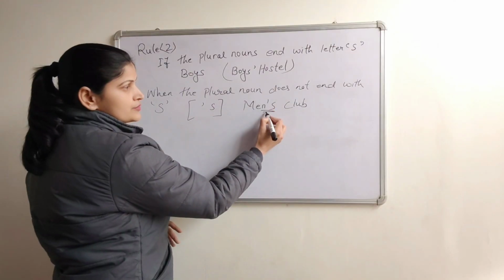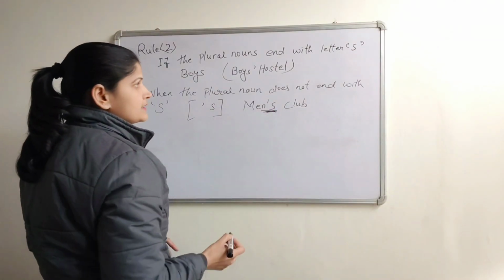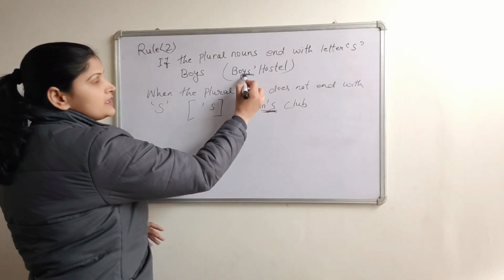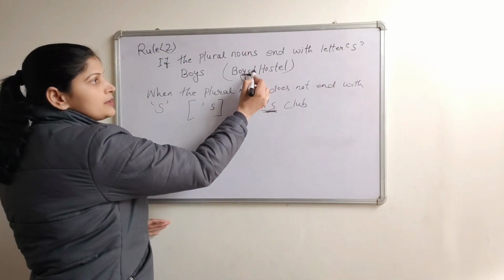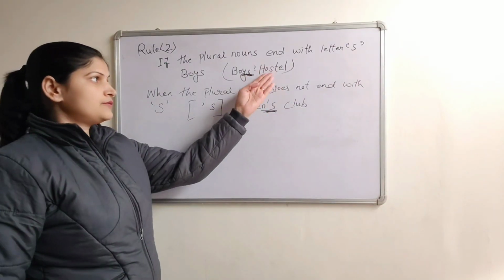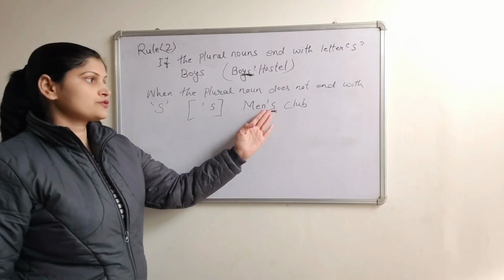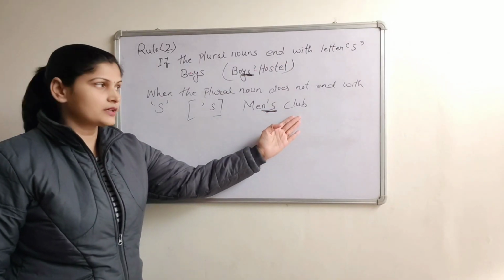Here, put the apostrophe S. But when the word ends with S, only an apostrophe, and then the next word. Here, apostrophe S, then the next word.